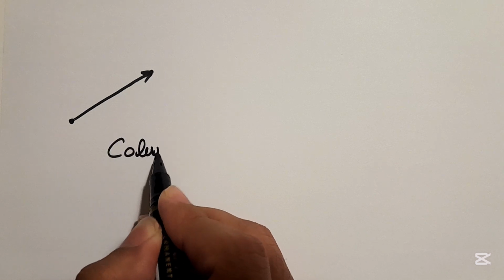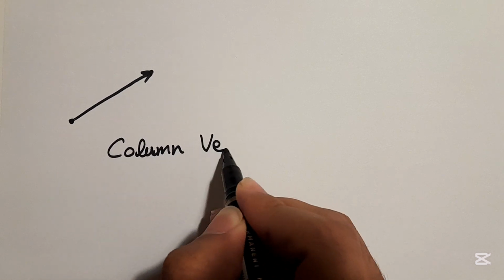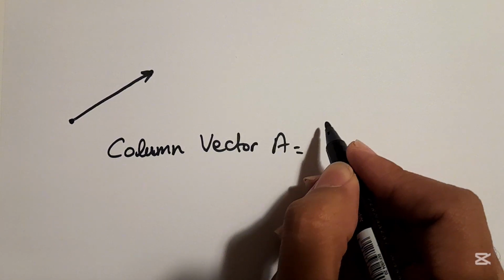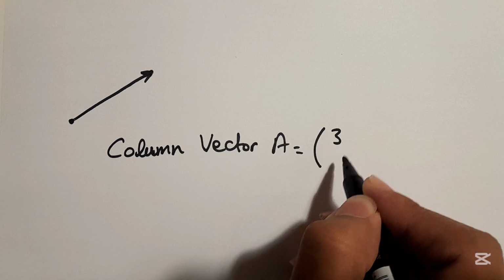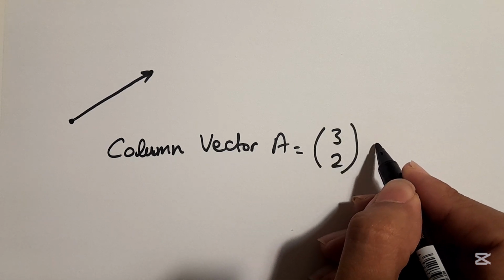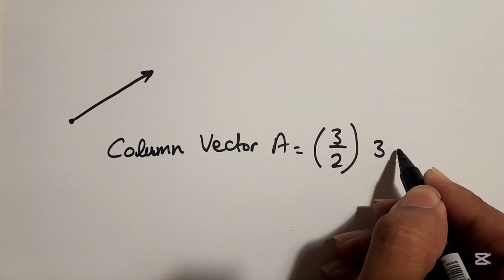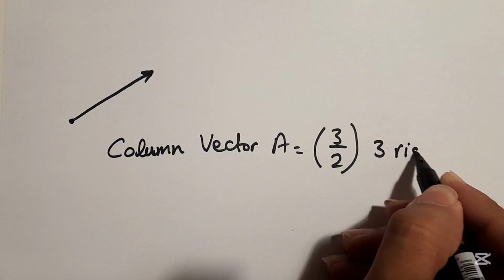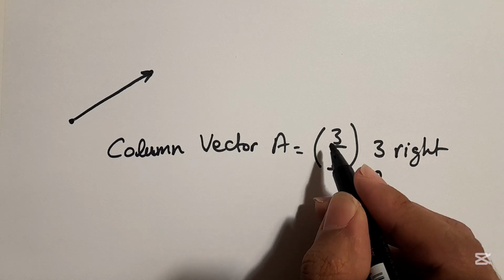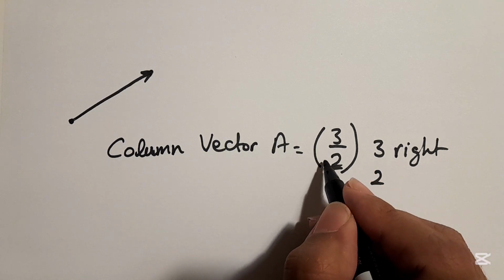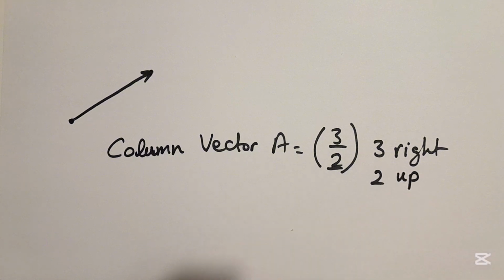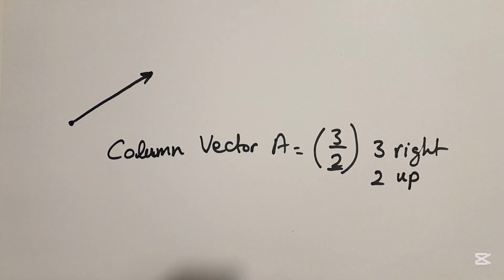Column vector a is (3, 2), meaning 3 is for 3 moving to the right, and 2 meaning moving upwards or downwards. If it's plus, it's upwards, so 2 up. So this is how we use the column vector.